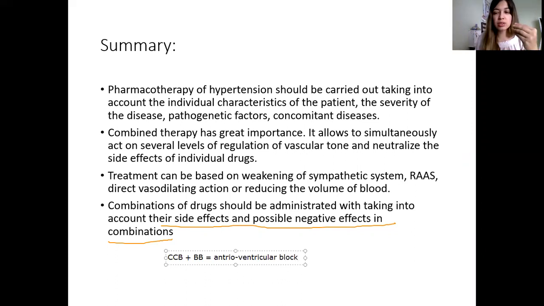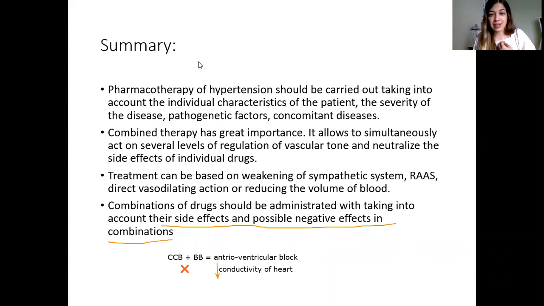Because both of these drugs, calcium channel blockers and beta blockers, reduce the conductivity of the heart, and by their combination you can reduce the conductivity of the heart so much that you will make a block, so you will stop the heart. That's why such a combination should be avoided.